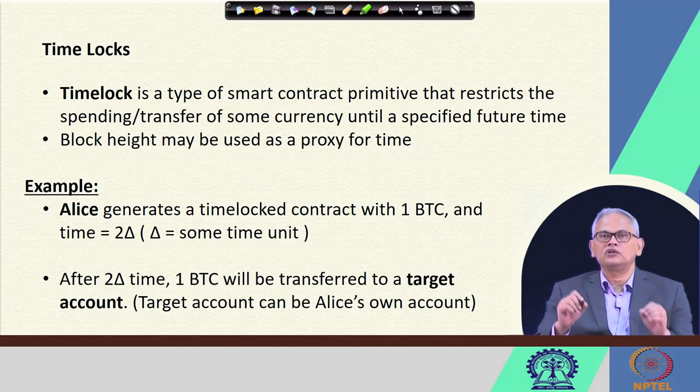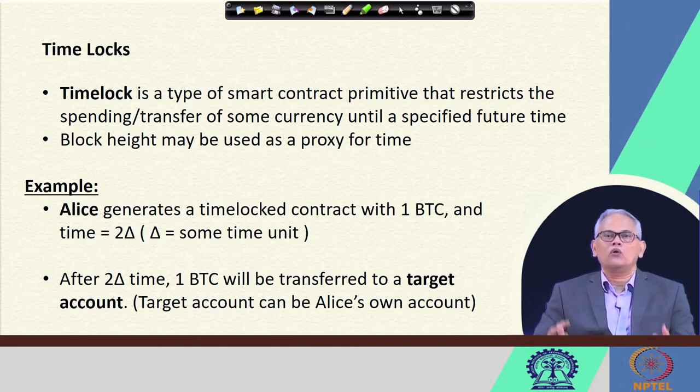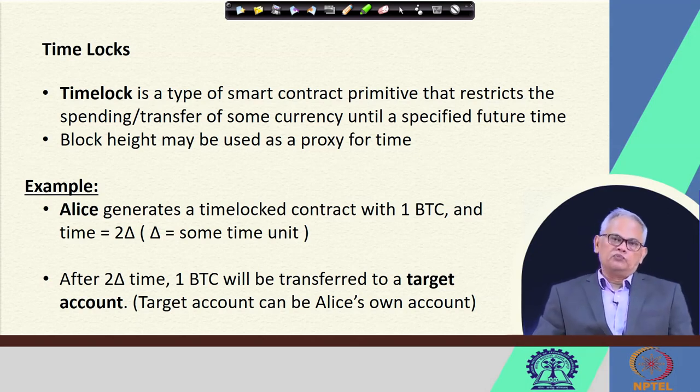So, the contract would be written in such a way that Alice would say that this contract I have written, and then at the end of say 2 delta time, let us assume delta is 1 hour, so 2 delta is 2 hours. That means the contract is published at 5 p.m. on 25th of October 2021, and it says that after 2 hours the payment would be made.